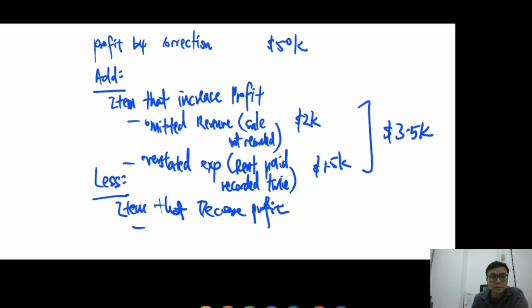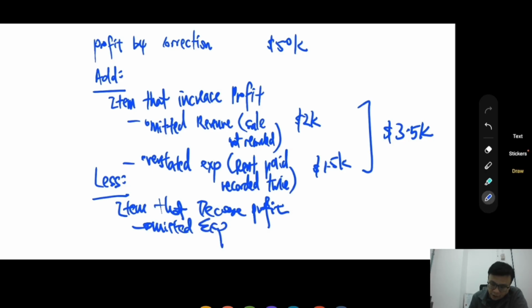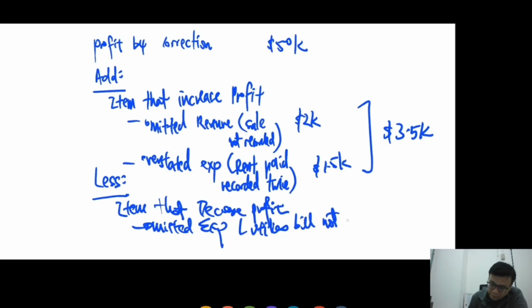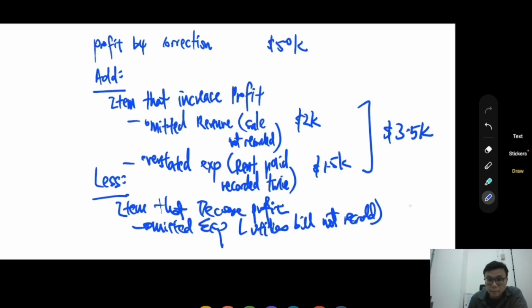For example, we have omitted expenses such as your utility bills not recorded, $800, for example.